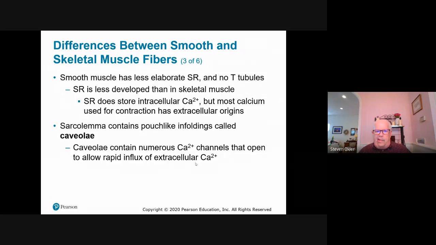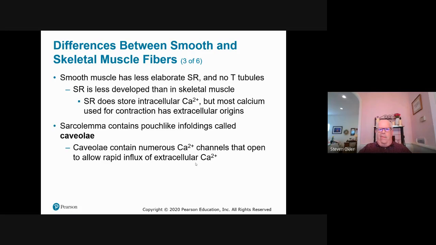And the sarcolemma of smooth muscle contains pouching infoldings called caveoli. And these caveoli contain calcium channels that allow calcium to come in from the outside.